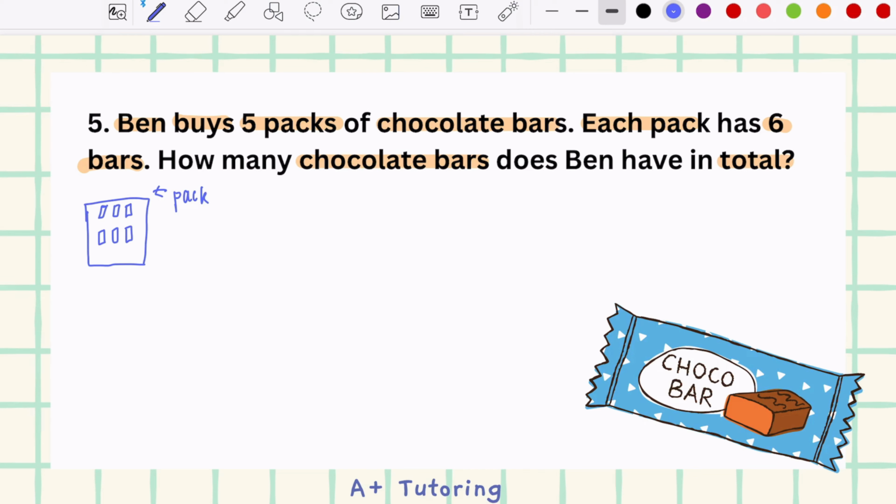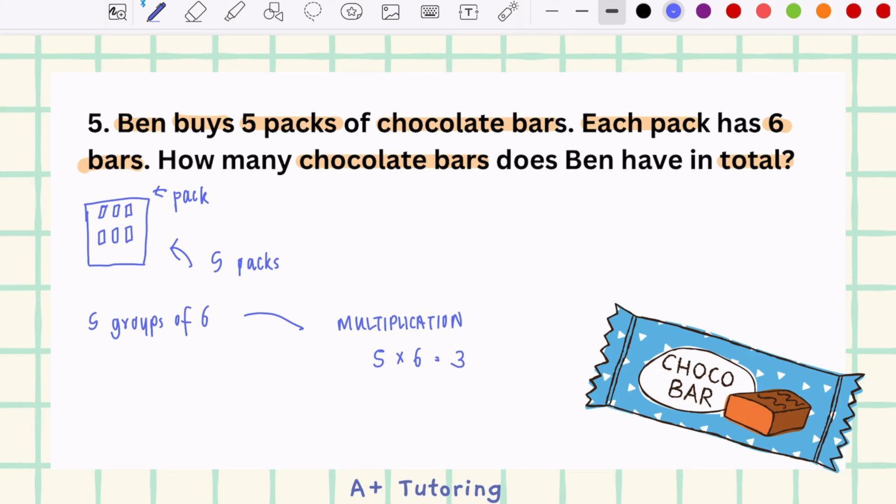And how many packs do we have? We've got 5 of these packs, right? So another way to think about this would be 5 groups of 6, right? Again, 2 ways to go about this. Do a simple multiplication, which is 5 times 6, right?